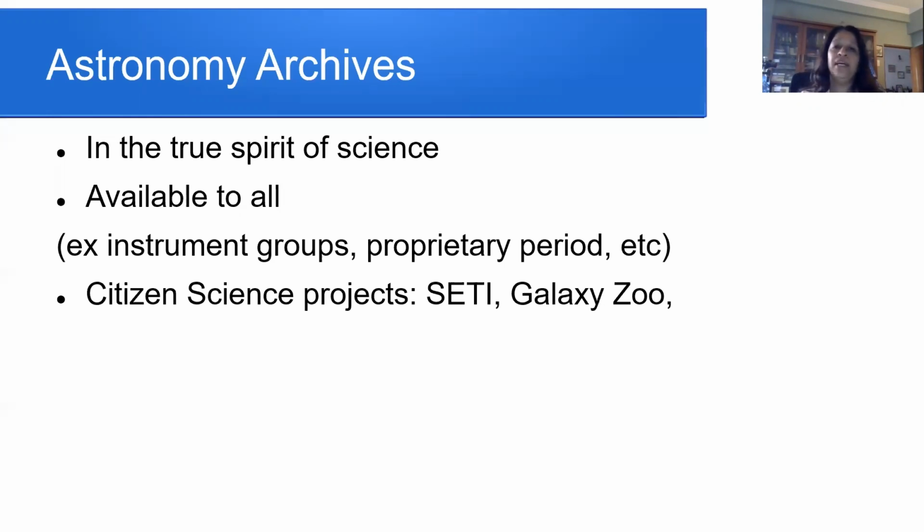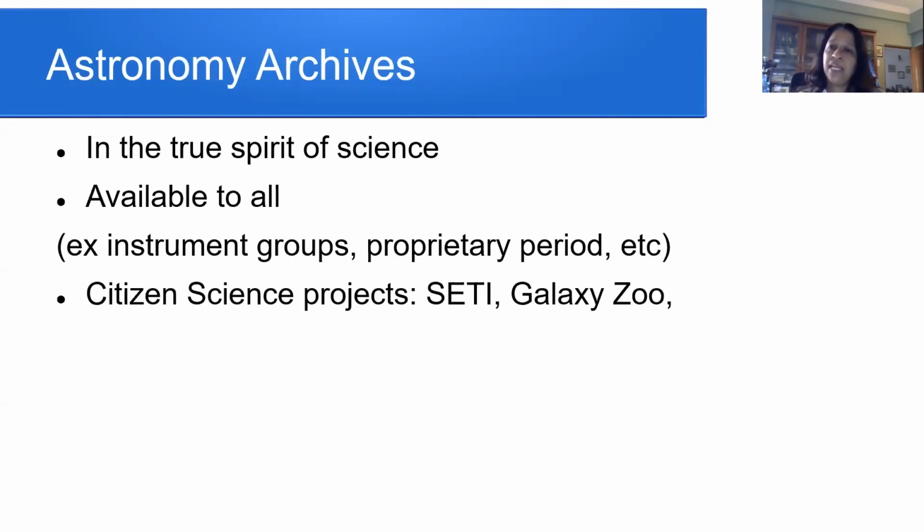Now, astronomy archives are in the true spirit of science, basically because you have a whole lot of data available to everyone. As a general principle, if you have a telescope, initially the instrument groups have access to the telescope because they are trying to calibrate their instruments and check the behavior of their instruments.